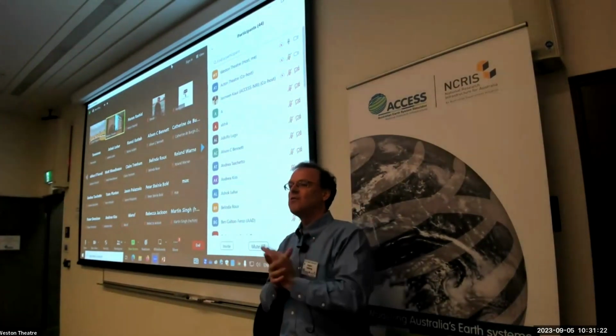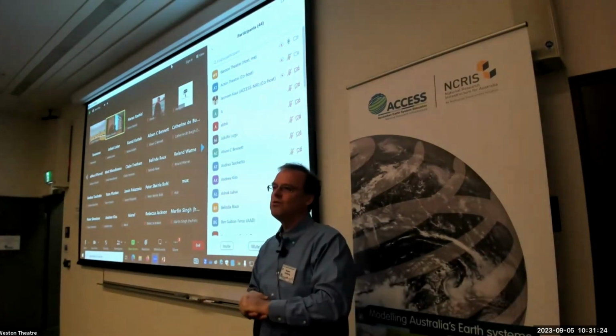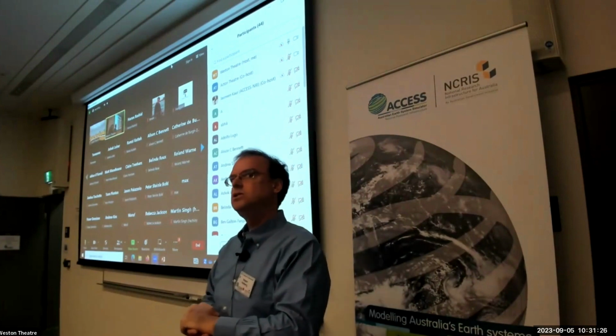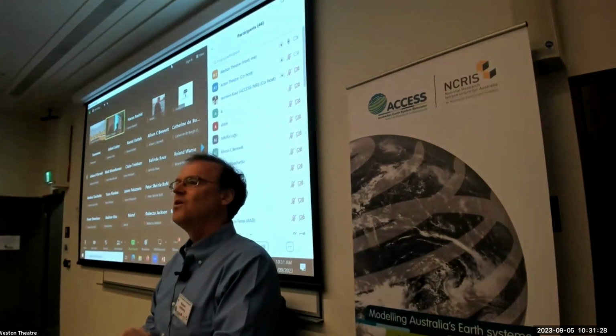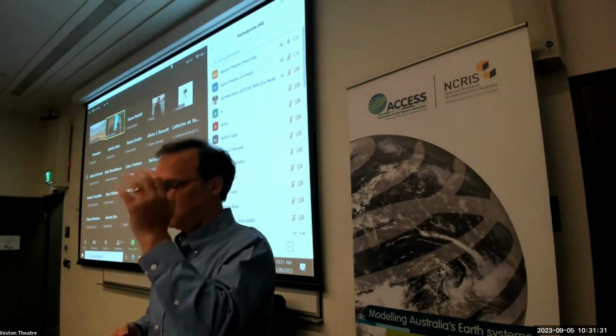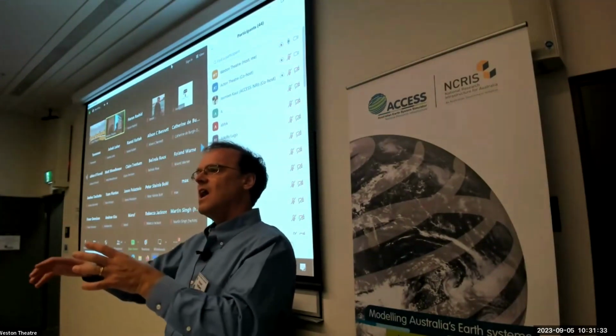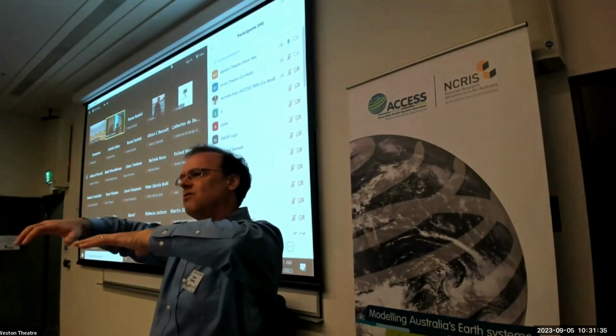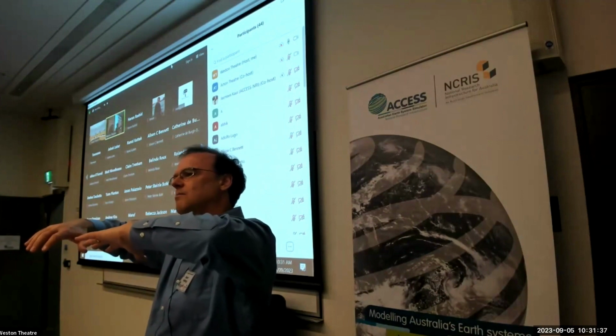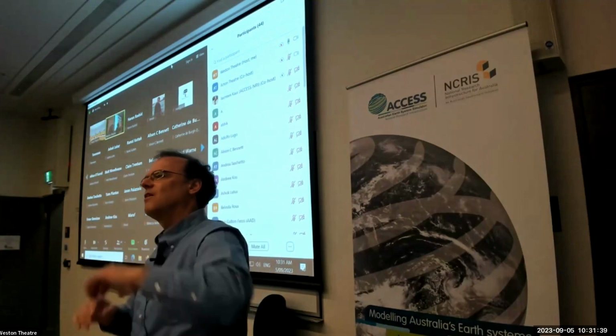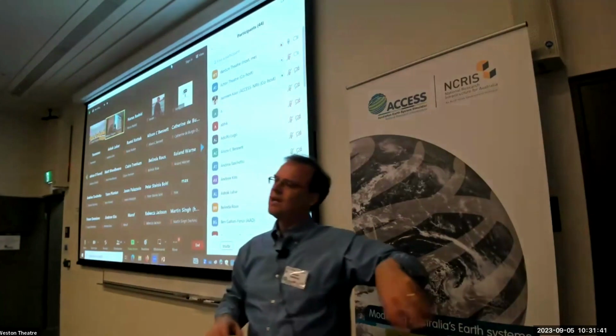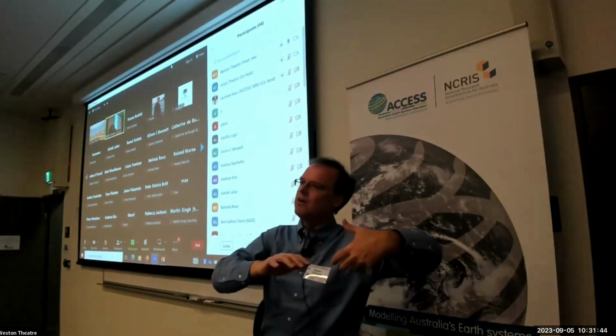If you're interested, there's a really nice paper by Alex Huth that came out in GRL a few months ago, January of this year, looking at different modes by which icebergs can break up, and in fact, looking at the breakup of one large iceberg near South Georgia. Part of it was breaking up because it hit the land and the stresses were enough that it broke.